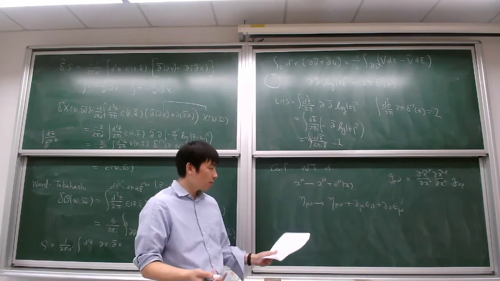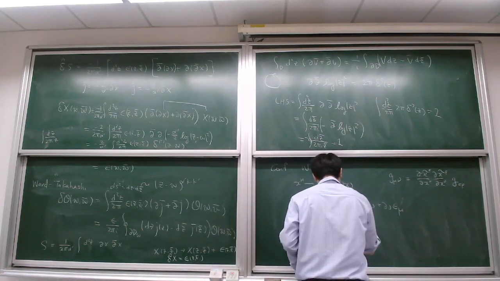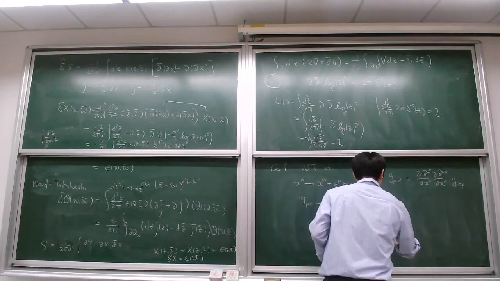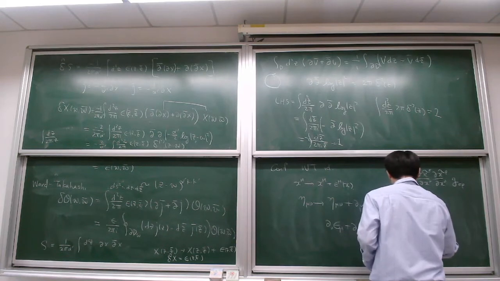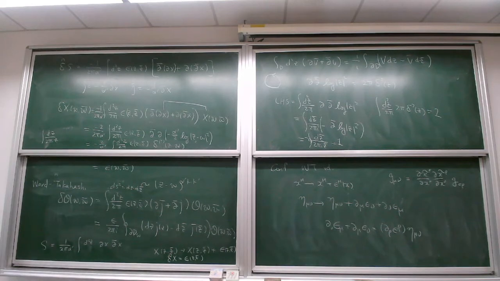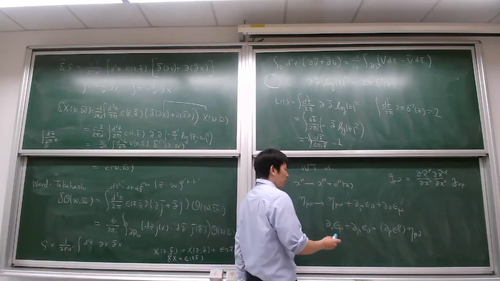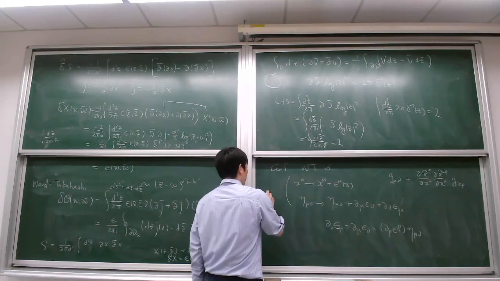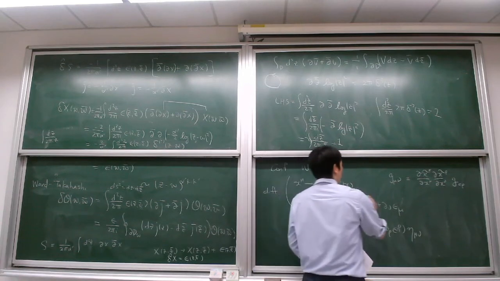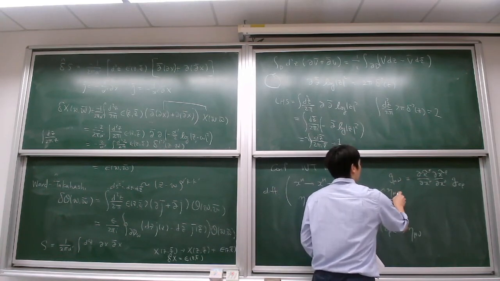In order for this to be a conformal symmetry, we need to impose a condition. Do you know how to obtain this? Since this is just a diffeomorphism, in order for it to be a conformal symmetry, this has to be proportional to eta mu nu, up to scaling.